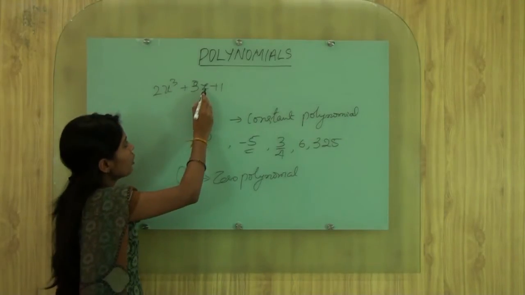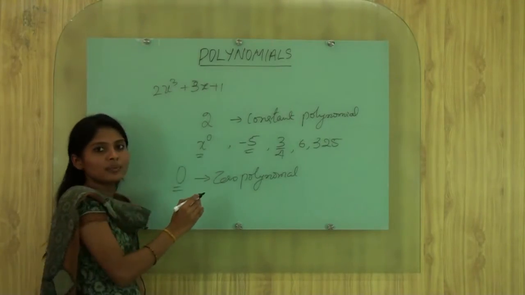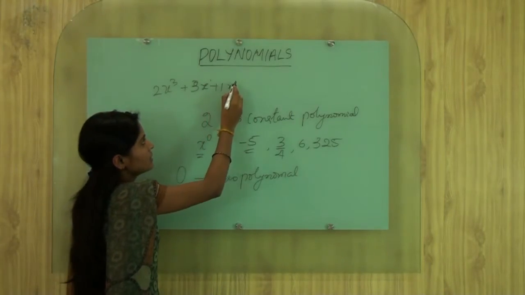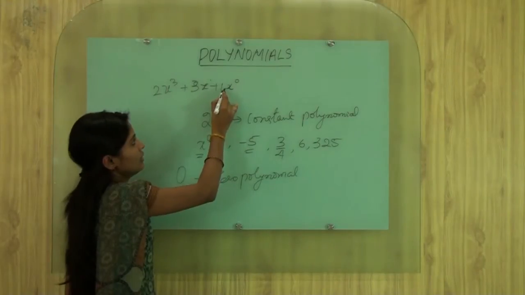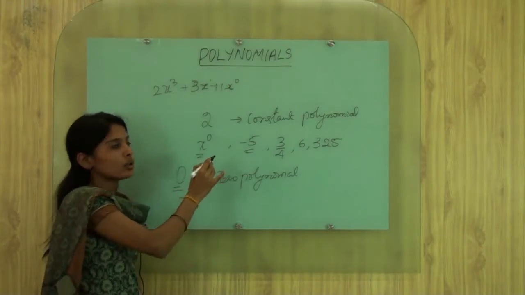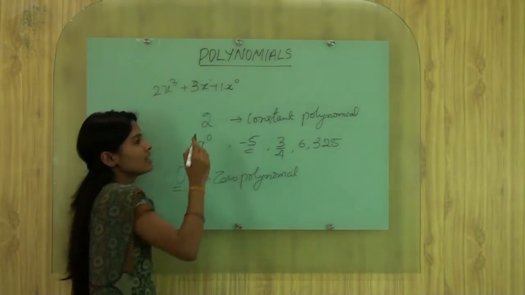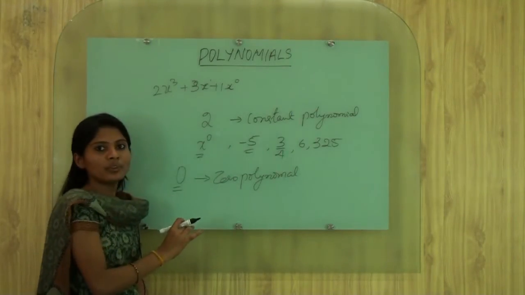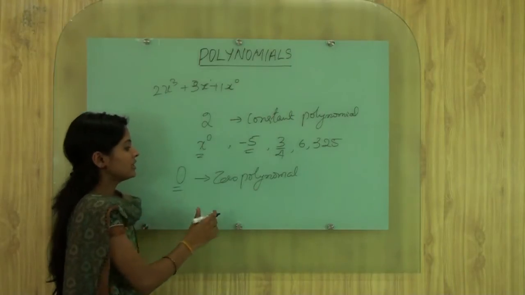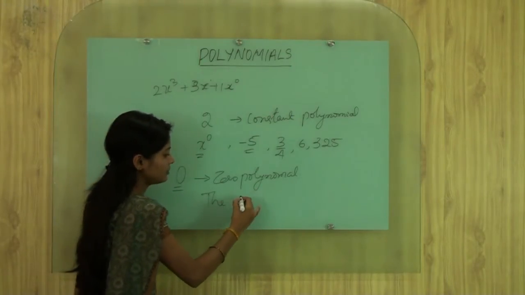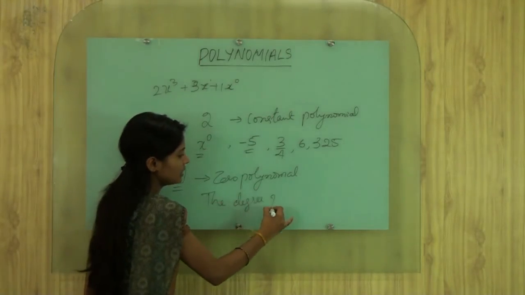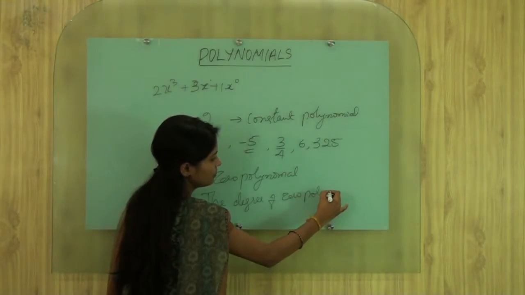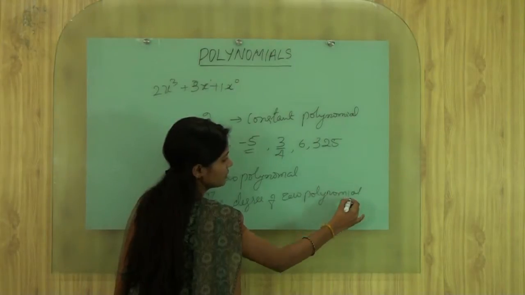Here the coefficient of x is 3 and the degree is 1. Here x to the power 0 exists. Here the coefficient of x to the power 0 is 1 and the degree is 0. For a constant polynomial, the degree is 0, and for the 0 polynomial, the degree is undefined.